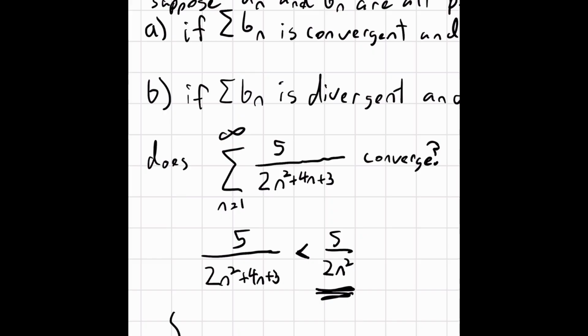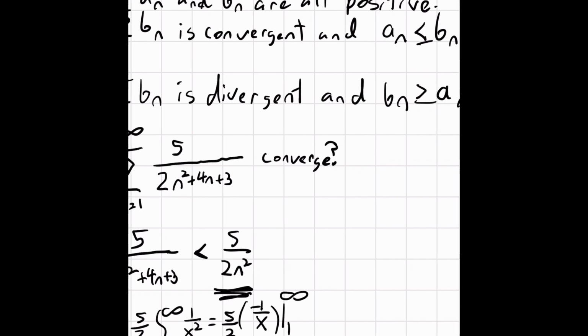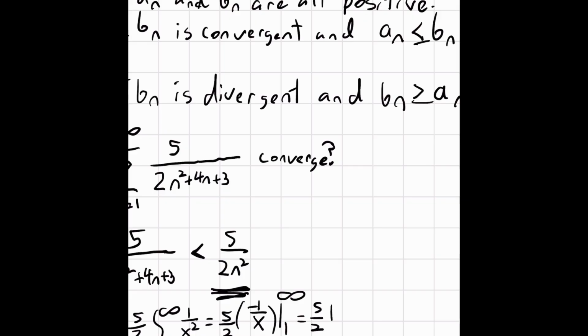So if we take this integral, 5 over 2x squared from 1 to infinity, I can pull the 5 halves out front so that I don't have to think about it right now. 1 over x squared, add 1 to the power, divide by the new power, evaluate from infinity to 1, 5 halves times the limit as a goes to infinity, negative 1 over a minus 5 halves, negative 1 over 1.